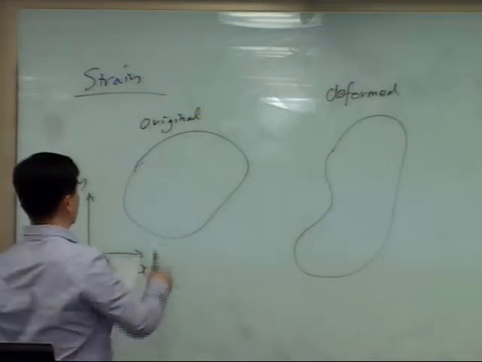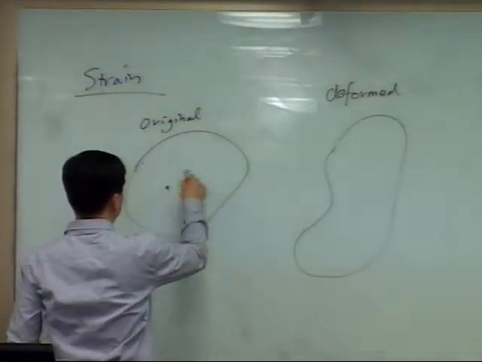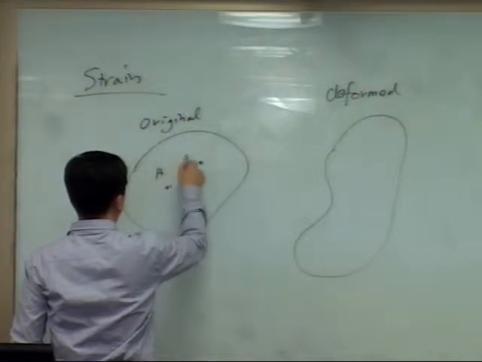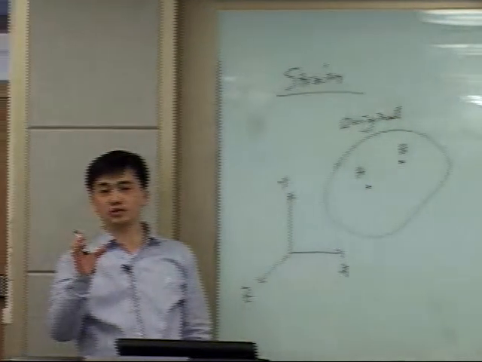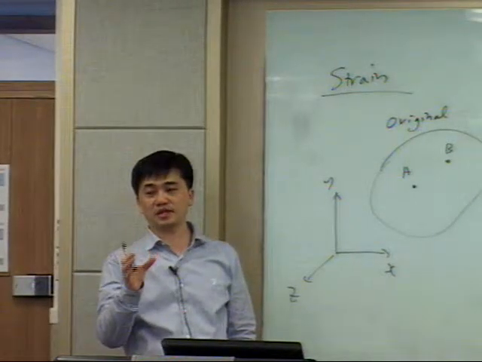And let's think, in this body there are two points, A and B. Okay? Both points are very close.